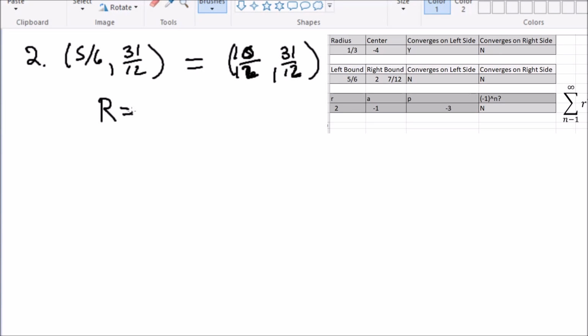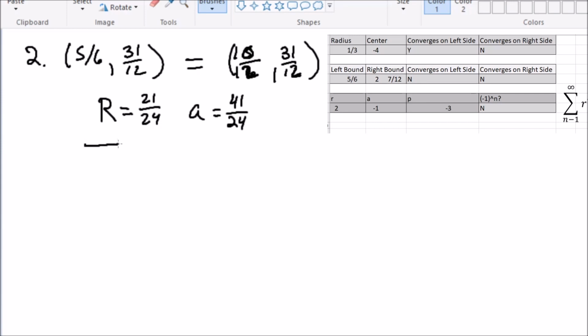So my radius is going to be 21 over 24. And then my center, it looks like, is going to be 41 over 24.